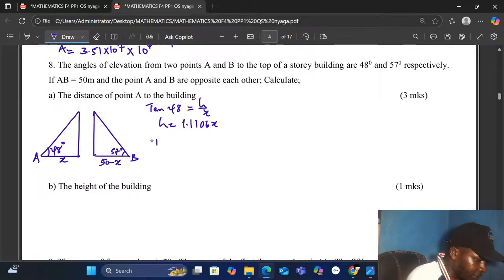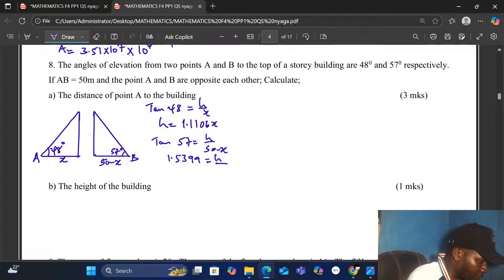Then tan 57 gives us h over 50 minus x, so that 1.5399 equals h over 50 minus x.